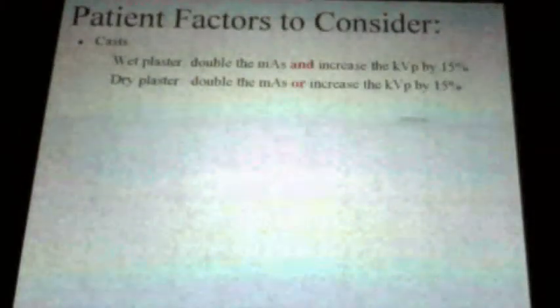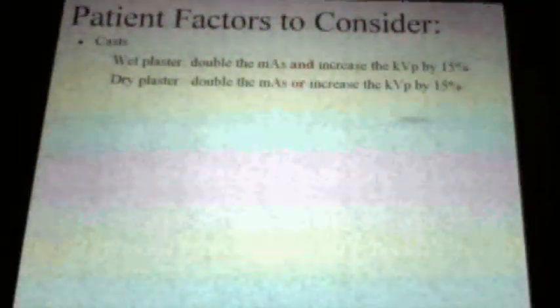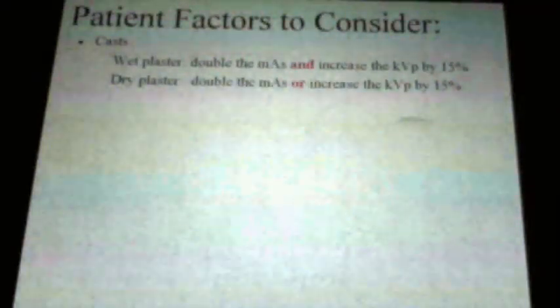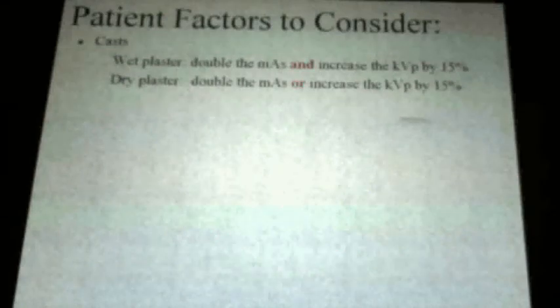And the best choice would be KVP because you added something that's made that body part thicker. So we want to use KVP because KVP dictates the penetrating ability of the primary beam. Okay, so we want our primary beam to be able to get through that cast. So the best one to pick would be KVP, although you could still use mass if you so desire.